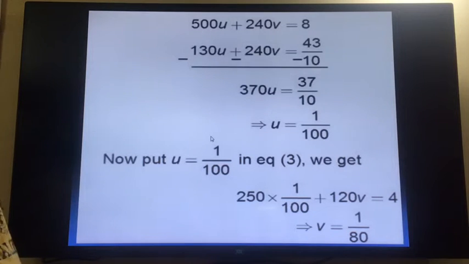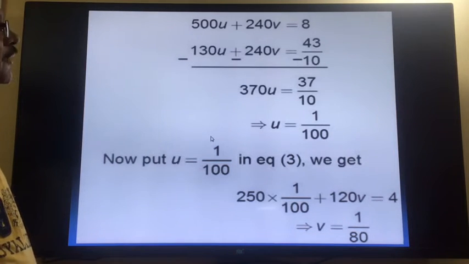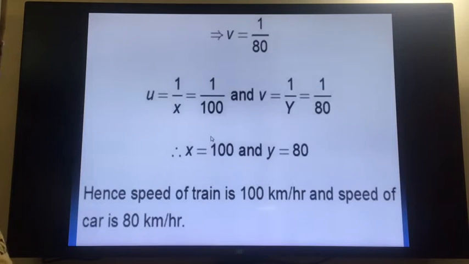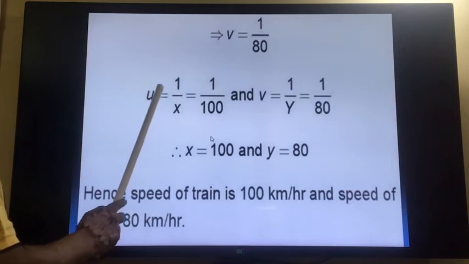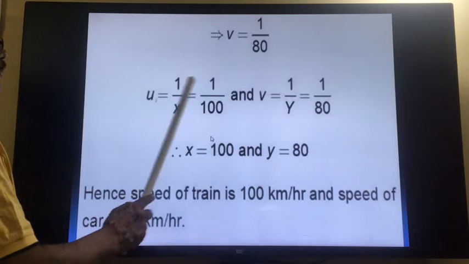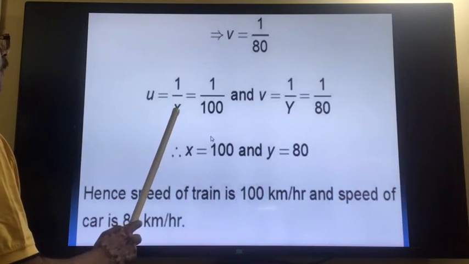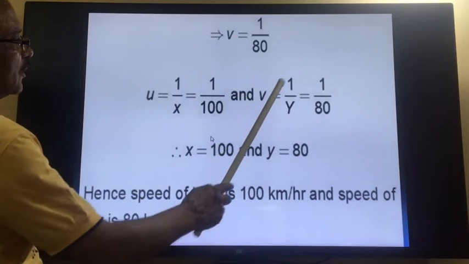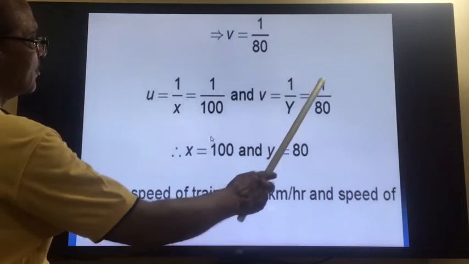Then after getting these two values, we will put them in the supposition line. In the beginning we supposed 1 upon x is equal to u and 1 upon y is equal to v. So 1 upon x is equal to u, so we got 1 upon 100. On writing the reciprocal, x will be equal to 100. Here v is equal to 1 upon y and v is equal to 1 upon 80.